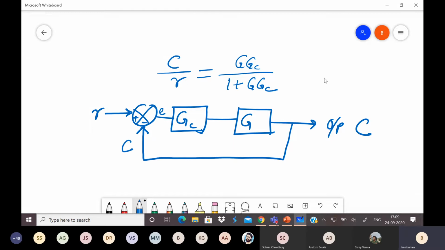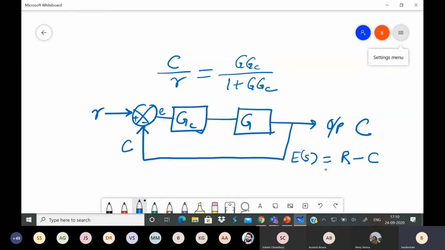Okay. And the error we got, if I calculate E by R, if you remember, this E in capital E form, E(s), equals our R(s) minus C(s), or R minus C, is not it?